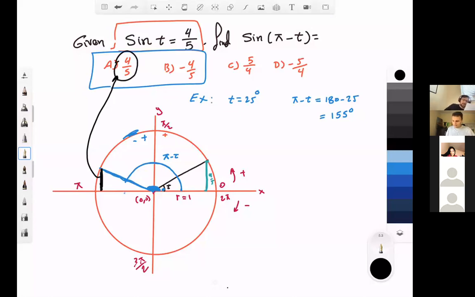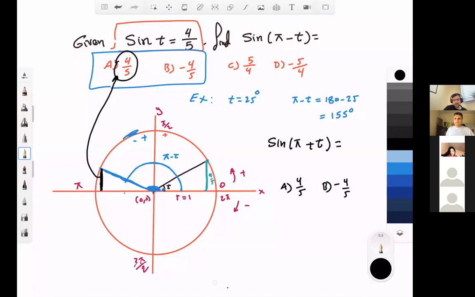Same question if I ask you guys what is sine of pi plus t. Now what's gonna happen? Is that 4/5 or negative 4/5? Jason?